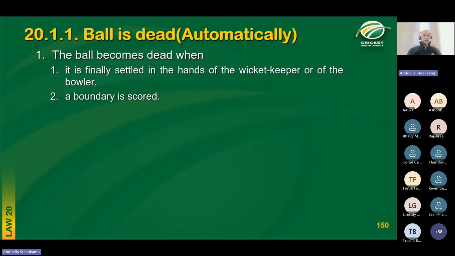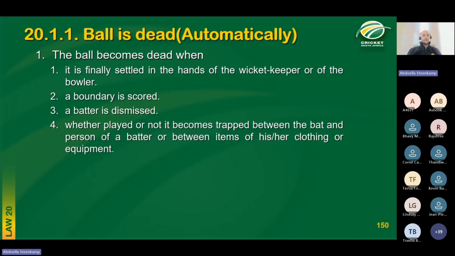As soon as a boundary is scored, the ball automatically becomes dead. As soon as a batter is dismissed, whether it's bowled, caught, run out, just to name 3 dismissals, the ball is automatically dead.